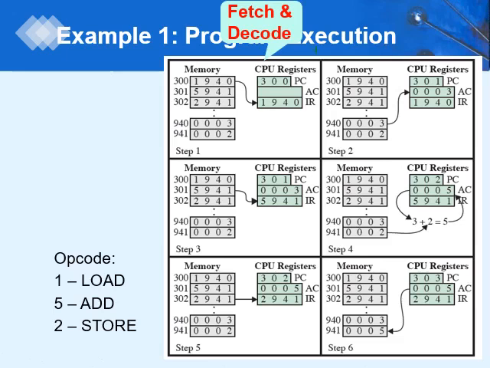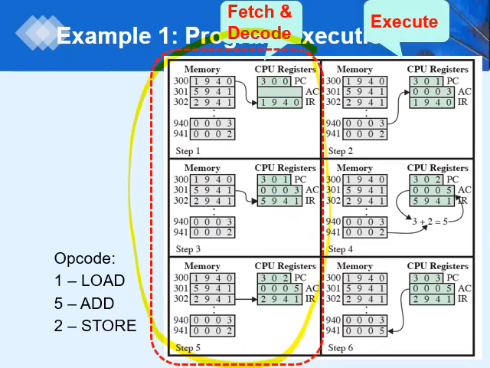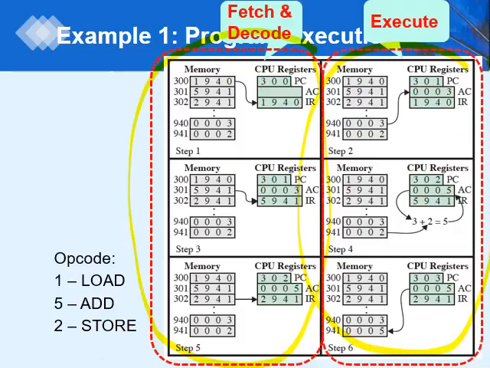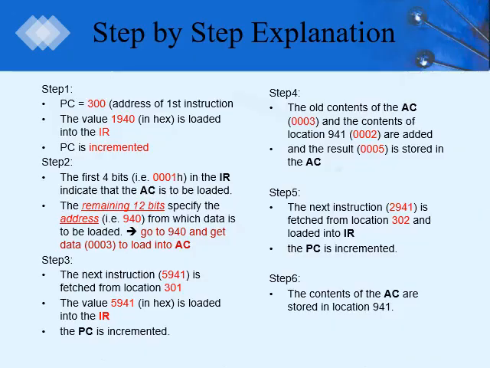So the first part, step 1, step 3, and step 5 is actually fetch and decode, and the execution is done on the right, step 2, step 4, and step 6. These are the step-by-step explanation of the previous slides, which you can look at one by one in the PDF slide format.